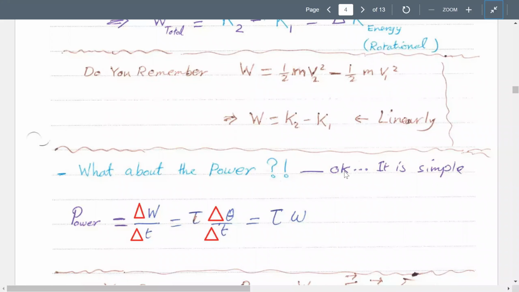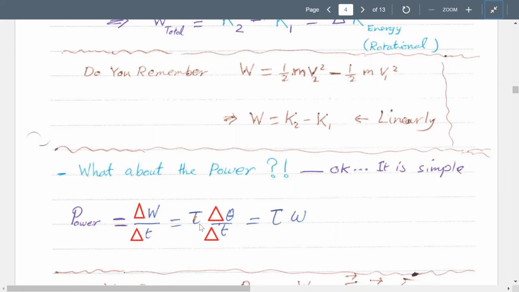What is the power? We have another thing, which is the power. The power is the change in work over the time period. The work is the torque multiplied by the angular displacement, which is theta.